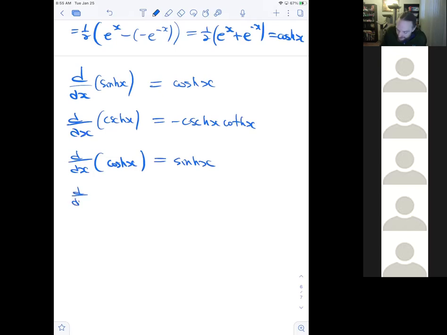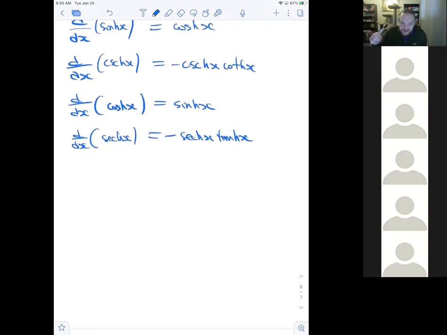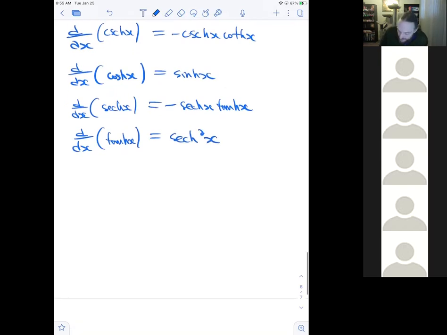The derivative of its inverse is negative sech x tanh x. Remember, those are just clever ways of writing out the definitions of everything and taking the actual derivatives. And then the derivative of tanh x is sech squared x. And then its inverse, the derivative of coth x is equal to negative csch squared x.